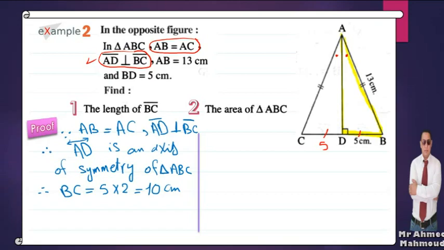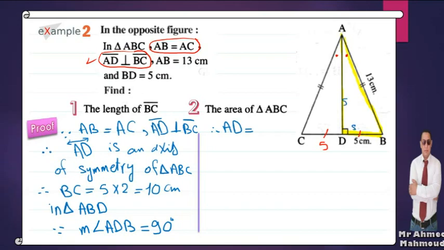Since in triangle ABD, the measure of angle ADB equals 90 degrees, therefore AD equals... here AD is a side in the right angle triangle, and BD is a side, this one is a side, and this one is the hypotenuse. The side equals what?